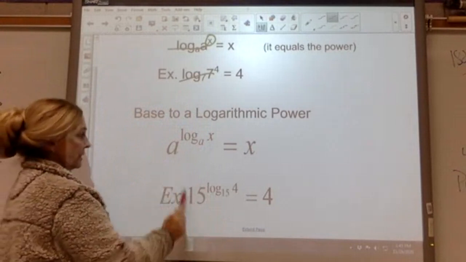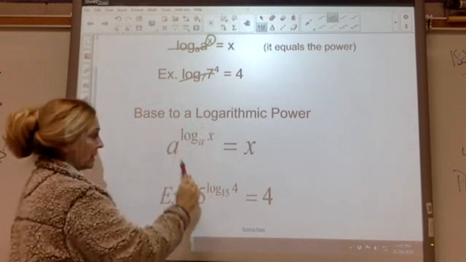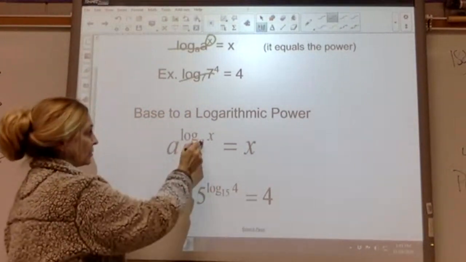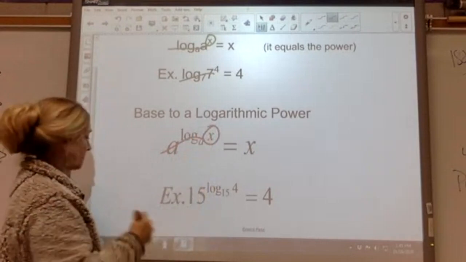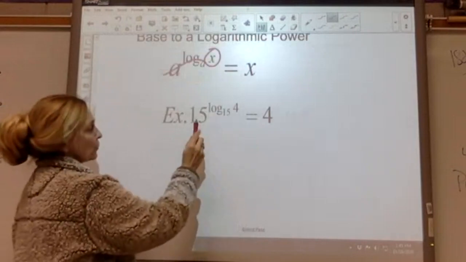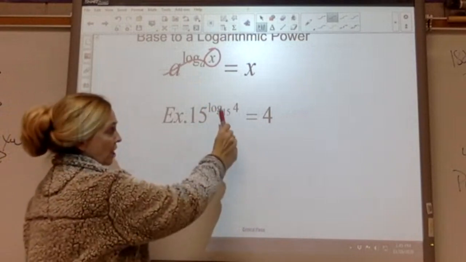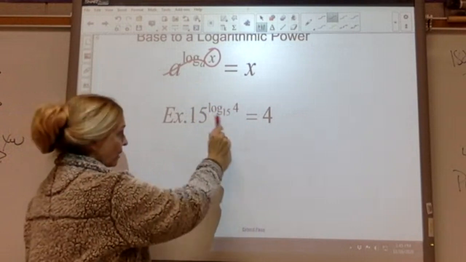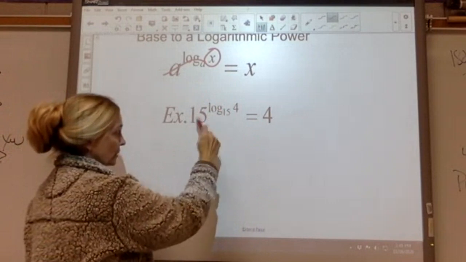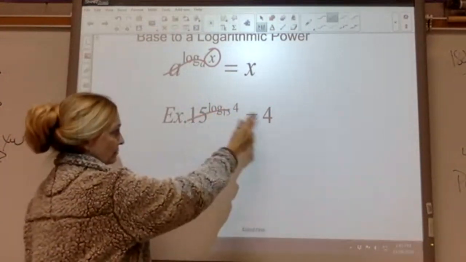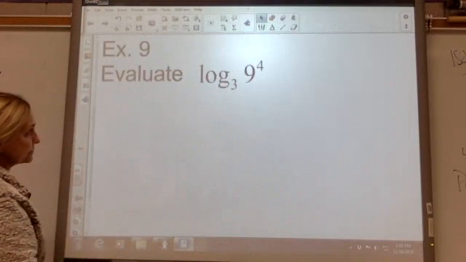But if this base and the base of the logarithm, which is part of the exponent, are the same, then all this goes away, and this value right here is the answer. Like in this part, we have 15 raised to the log base 15 of 4. So all this logarithm is the exponent. But because this base and the base of the log are the same, this all cancels, and we're left with just 4.